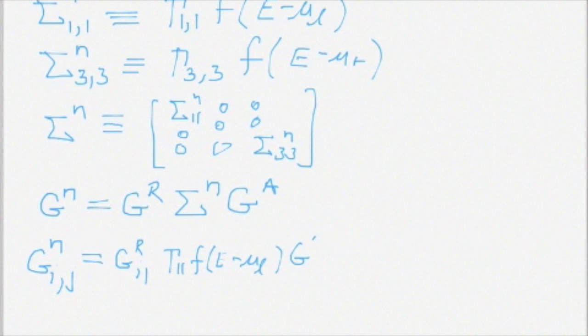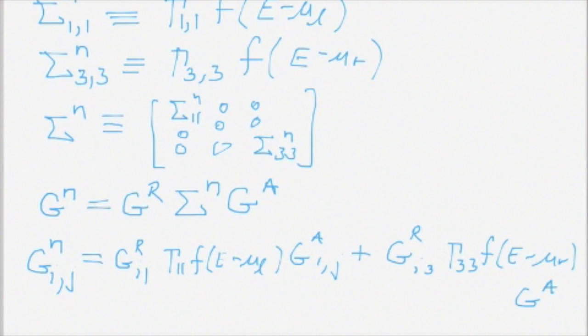So that's from the left, and the part from the right, GR I3 gamma 3, 3 F E minus mu right times G A 3 J. So those would be the Ij elements of this, really a correlation function, Gn.